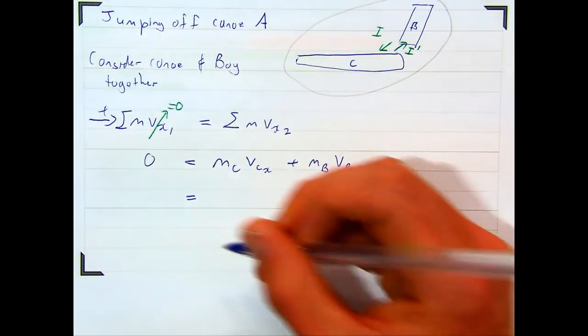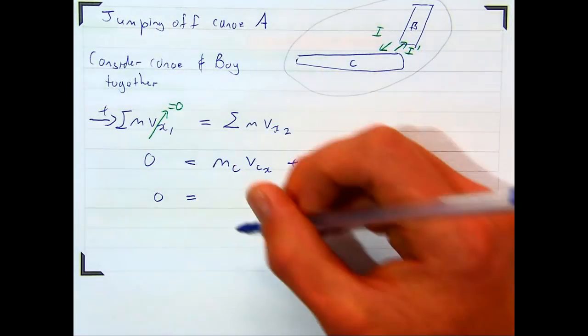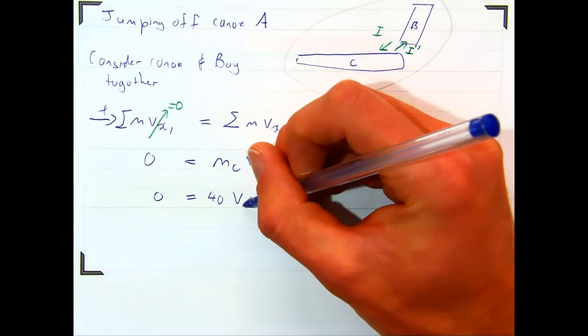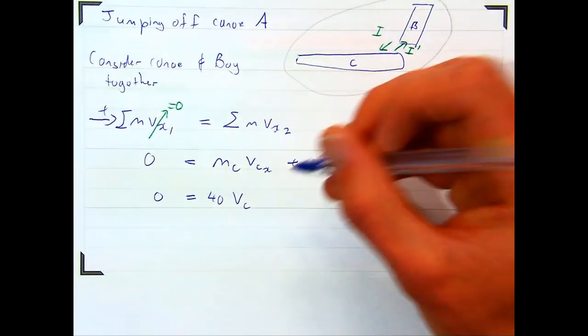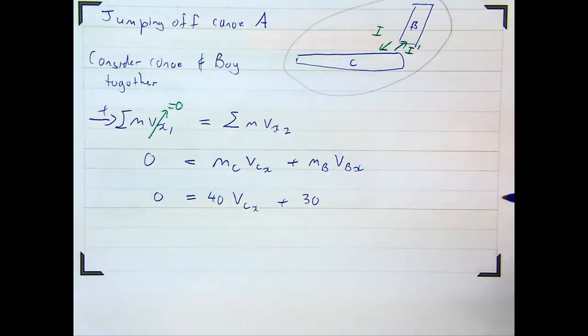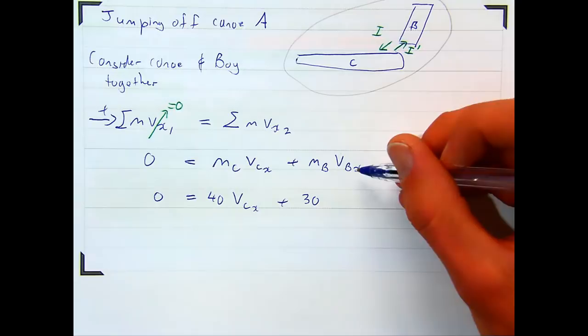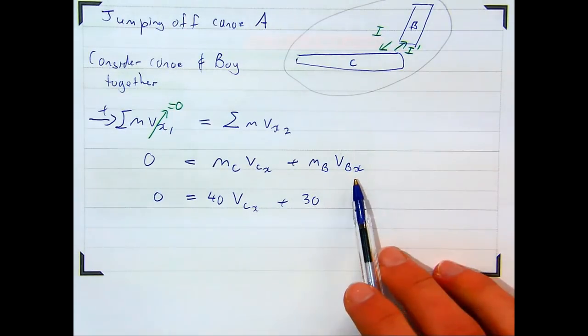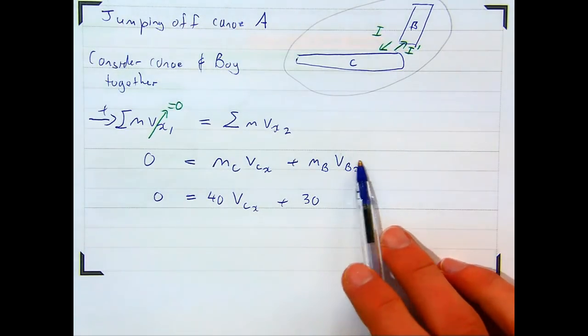And we then get this to be the mass of the canoe is 40 kilograms, VCx, and the mass of the boy is 30 kilograms, and we can then use relative velocity to find an expression for his absolute velocity.